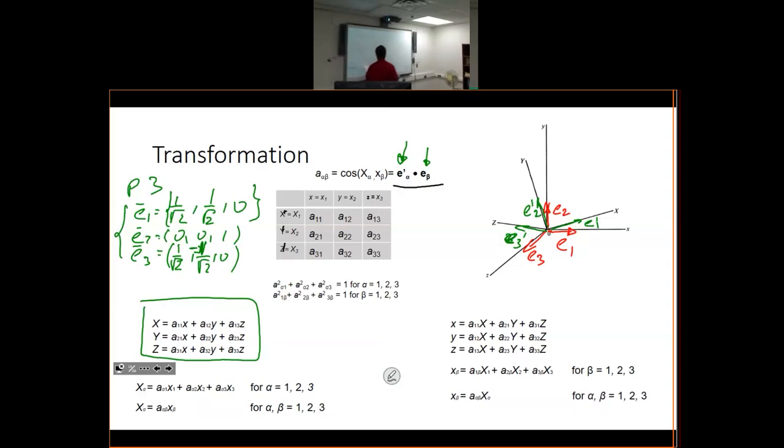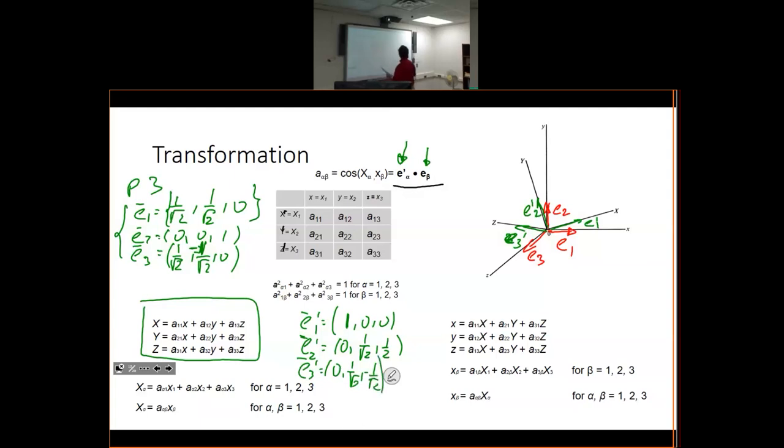Okay, and the other term, E1 prime, would be 1, 0, 0, E2 prime as a vector is 0, 1 over square root of 2, 1 over square root of 2. These are orthogonal vectors, which means if you have a cross product between first and second, you should get the third one. And therefore, you know, these are the Cartesian coordinate systems.